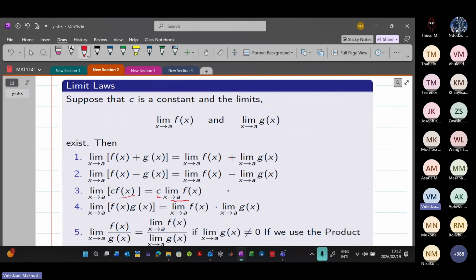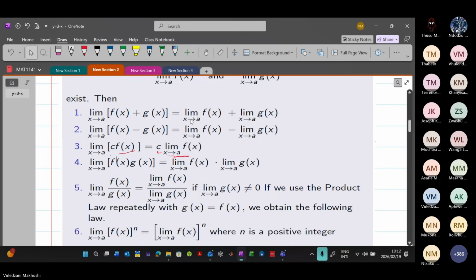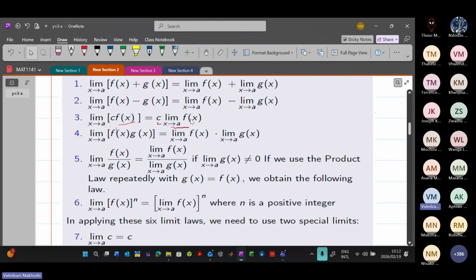And furthermore, we are saying that the same goes for the product. We have two functions, the product of two functions. You can evaluate the limit for the first function, the limit for the second function, then you multiply the results together. And we also have the quotient, which goes like that.